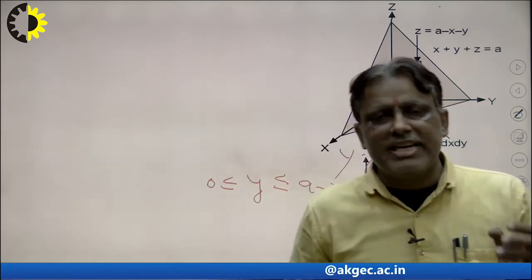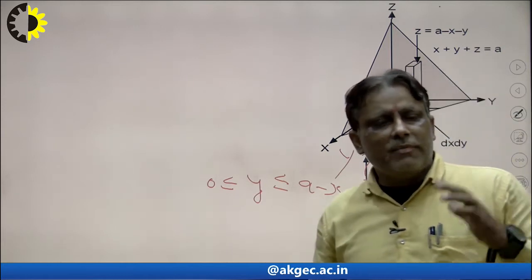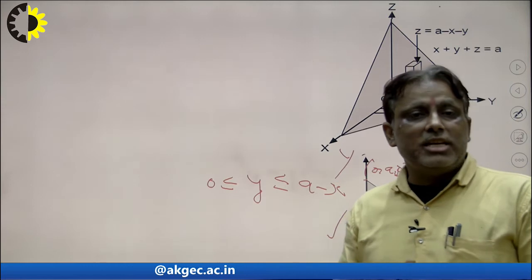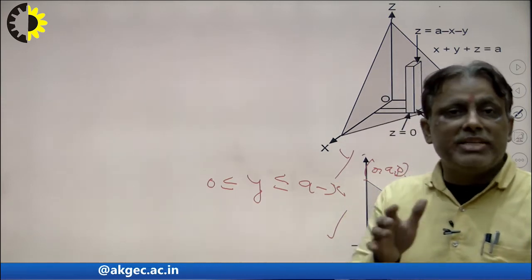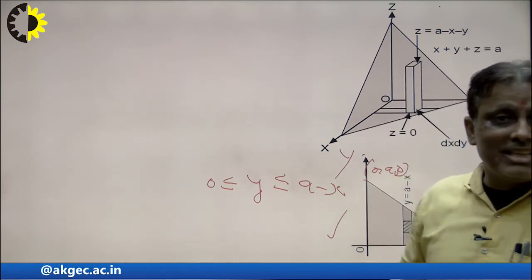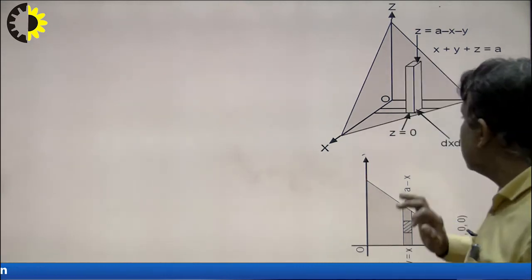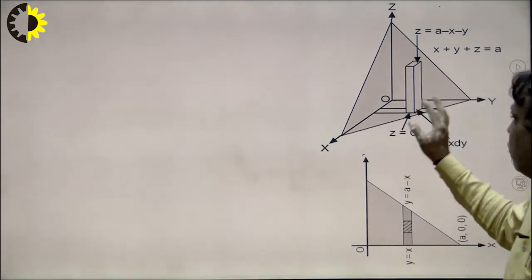So in this way we can find the limits step by step. First of all we take the limit of z, after this the limit of y, and then the limit of x. There is no such rule that first we take z. Suppose any student wants to take the limit of y first, so we see what the value of y will be.